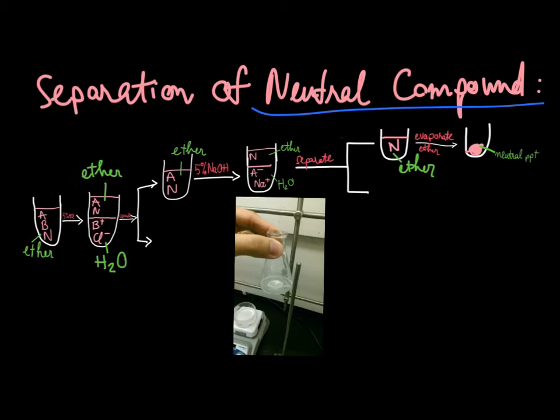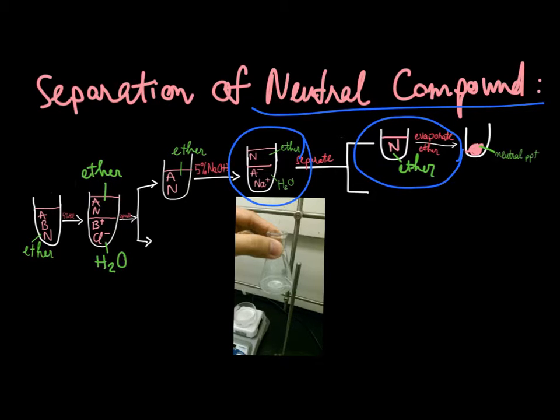In the previous slides, we saw that the ether that contains neutral and the water layer that contains the ionic salt were separated. Now I have an ether layer that contains only neutral.